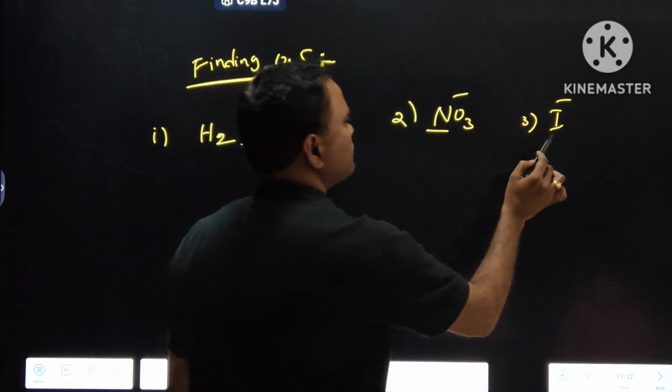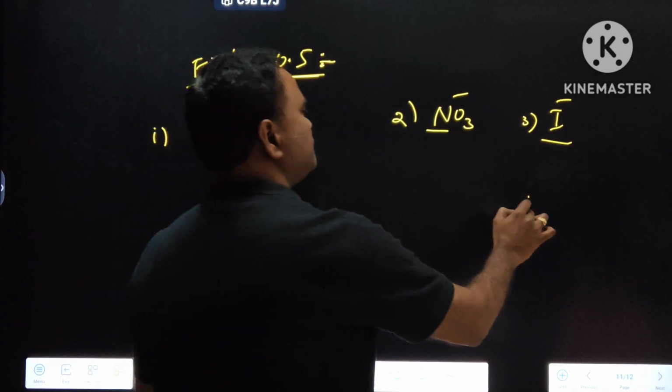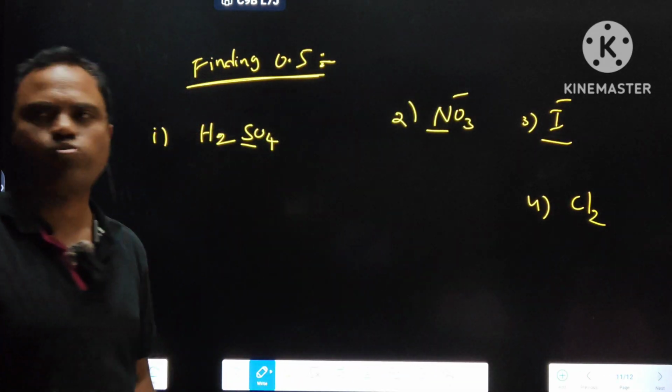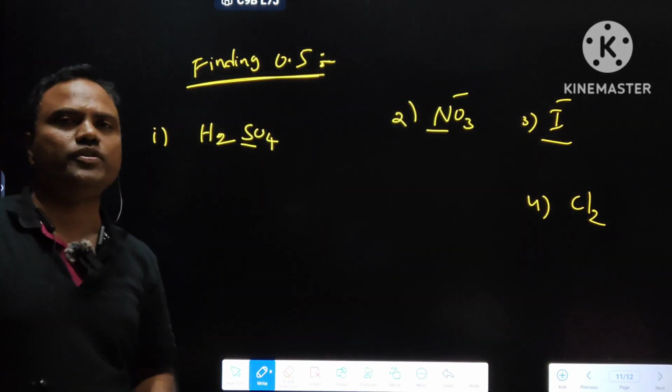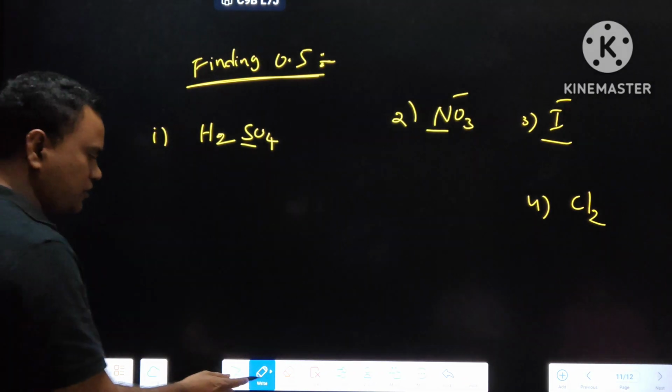In the second one, find nitrogen. In the third one, iodine. Fourth one, Cl2. In the first one, sulfur's oxidation state is +6. See the procedure.